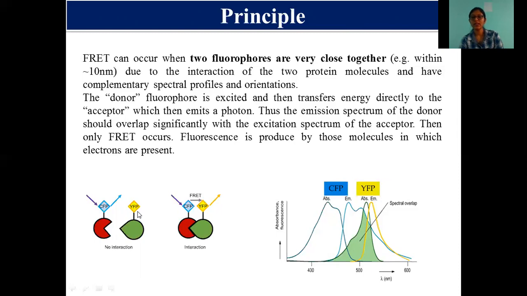It emits the energy in the form of photons. Thus, the emission spectrum of the donor and the acceptor will overlap with each other, and only then does FRET occur.